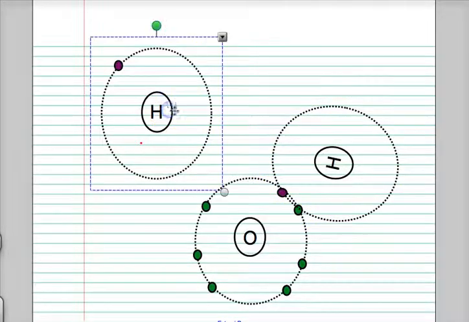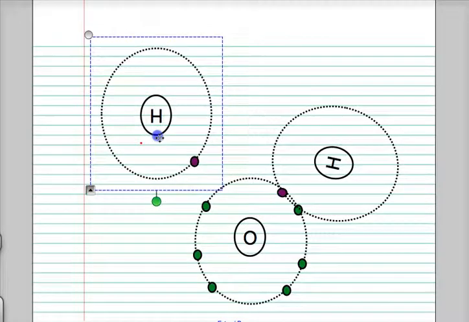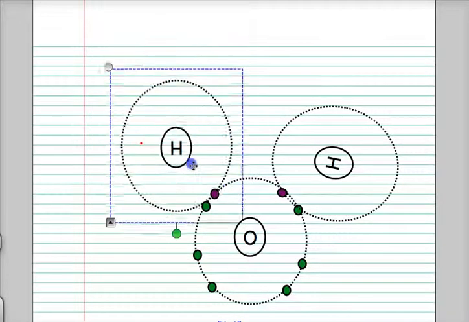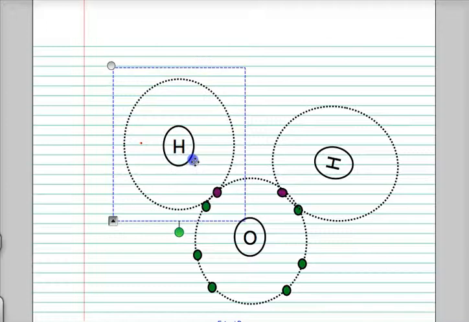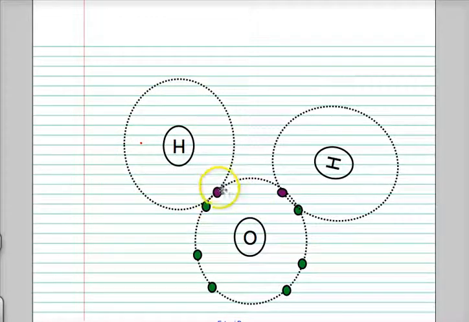This hydrogen also does a similar thing, so I'm going to rotate that around so we can slide that into place like that. So you can see now that the electron orbitals, the valence orbitals, are overlapping. And if you look at the oxygen's valence orbital, if we count through, we now have 8 electrons, which is a full valence orbital for oxygen, because its outermost orbital can contain 8 electrons.